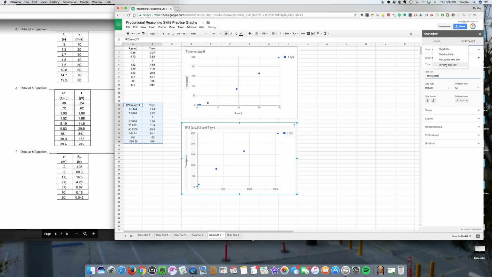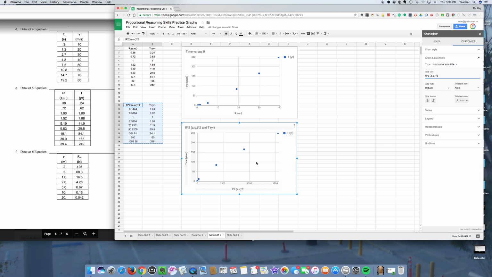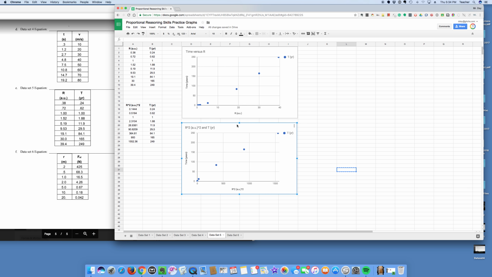All right. The horizontal axis is this R thing that I have no idea what R is, but it's measured in AU, and we had to square it. So now our units are AU squared. All right. And I can't put a best fit line. I don't want a trend line because it's not linear, you know?